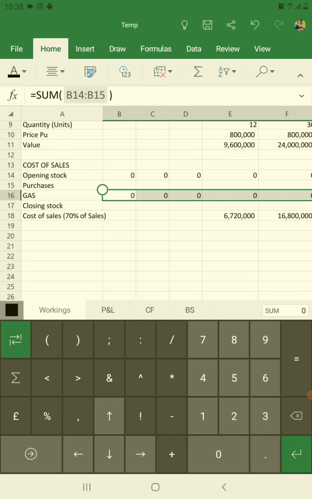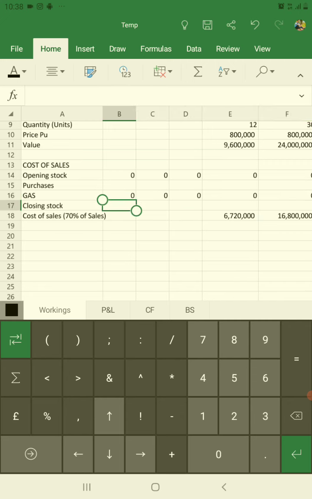Now we need to derive closing stock. We know goods available for sale minus closing stock, you get cost of sales.